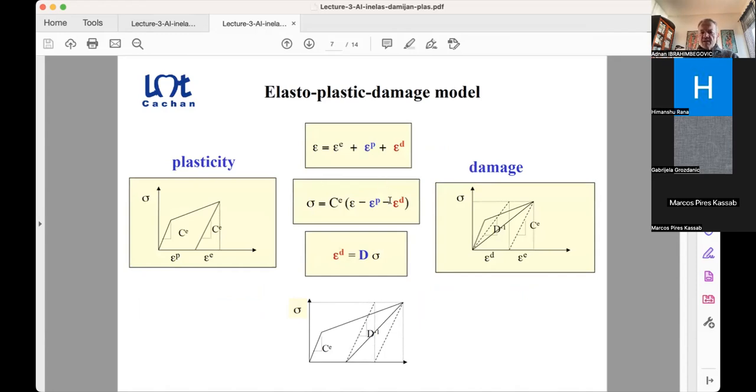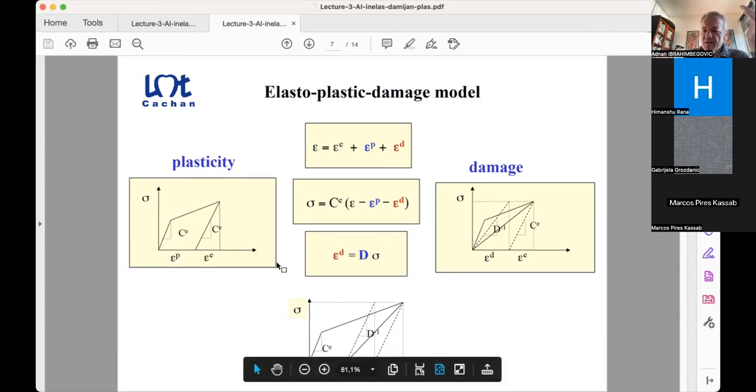And the stress is computed from such an equation by taking into account only the elastic strain, and the damage deformation is computed not as a new variable, but with a known value of stress and the known value of the damage compliance. So we run the plasticity model, we run the damage model separately, and then we compare the values of the stresses.